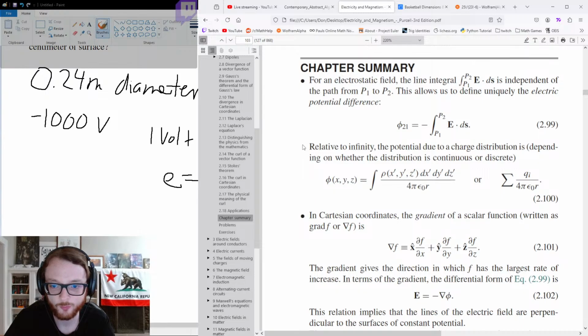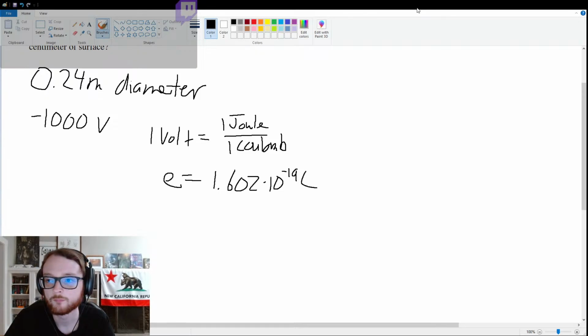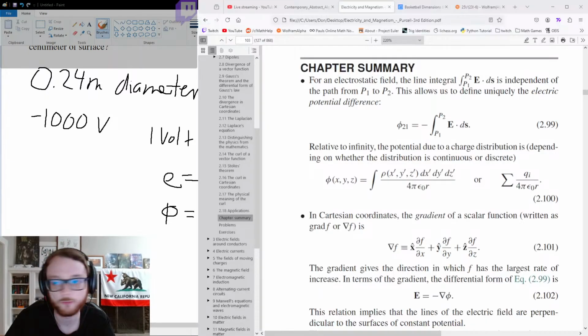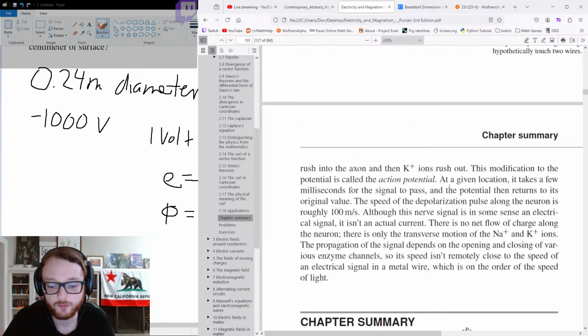Don't we have to assume? So yeah, we can work out the coulombs and then get to the actual count of electrons from the coulombs, I guess. What would we take?